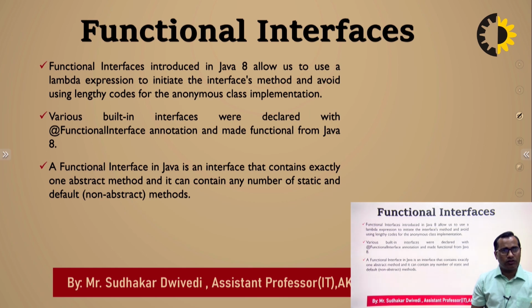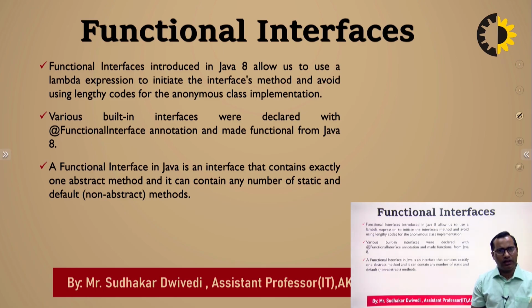But the basic purpose of the functional interface is to reduce the boilerplate code. That means it eliminates the need for the anonymous classes. It needs the classes to implement the particular interface, as we were using to implement the interface earlier.